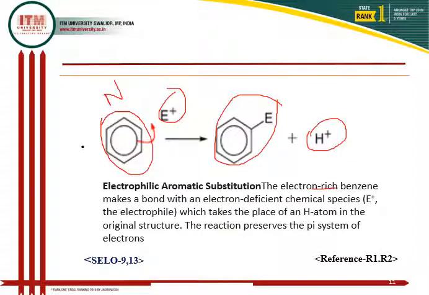So the electron rich benzene makes a bond with the electron deficient species, which takes the place of the hydrogen atom in the original structure. The reaction preserves the pi electron system, so its stability remains. In addition, it does not. That's why the substitution reaction is more preferable for the aromatic hydrocarbons.